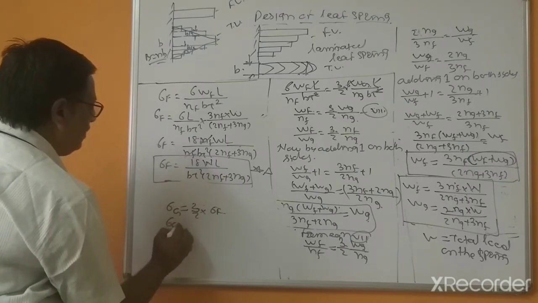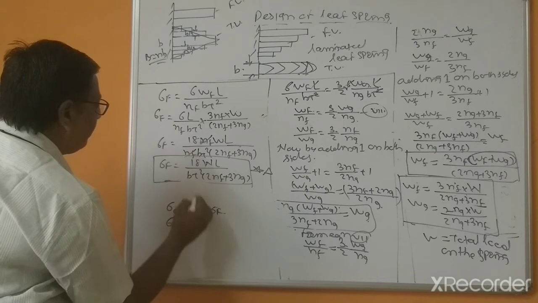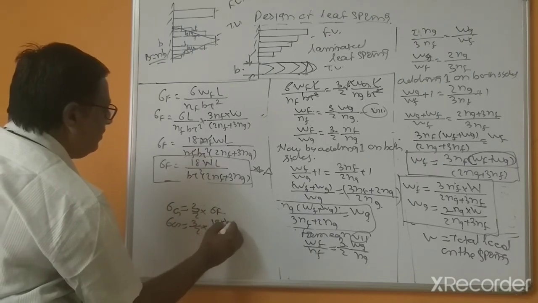So that's why σg equal to 3 by 2 σf, means this is 18 WL.